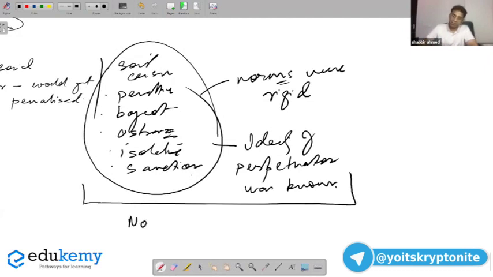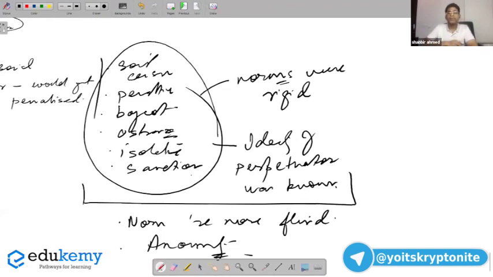Our norms are more fluid. At least as of now, there is a lot of fluidity. Norms are fluid. बहुत rapidly change हो रहा है. And important is anonymity. Okay, the people are now faceless.